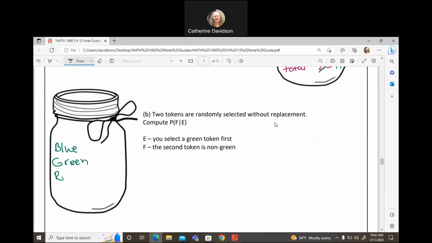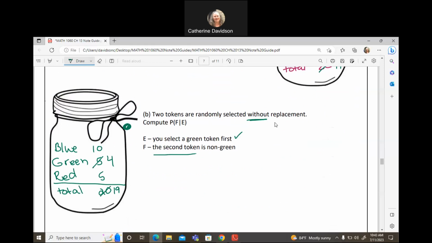Set this up again. The first, you select a green token, and this is without replacement. So when we pull out 1 green, we're left with 4 green, and the total changes to 19.